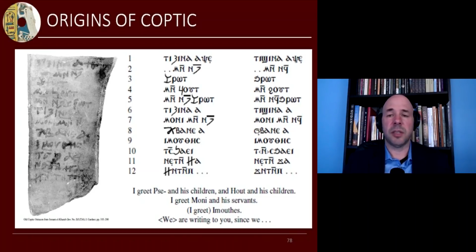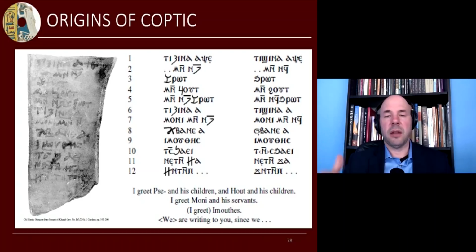In some of these Old Coptic texts like this Astrakhan 2, you can see that the script hasn't yet become standardized. So a lot of times people will use Old Coptic for any of these early experiments and the unstandardized Coptic script up until about the 4th century, where you start to get a more standardized version and you get the beginnings of your biblical text written out in Coptic.